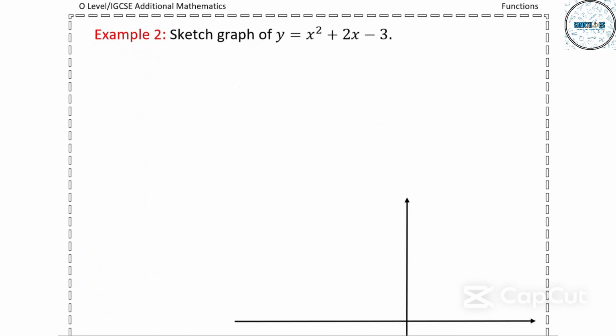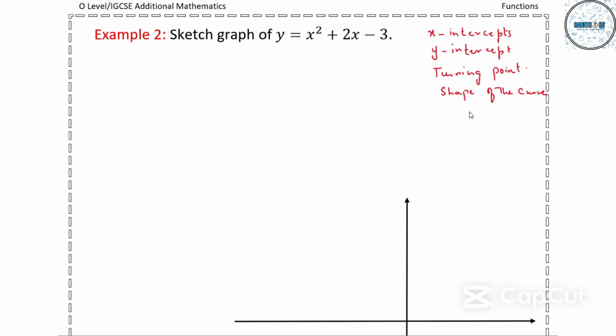To sketch the graph of quadratic function, we can take out x-intercepts, we can take out y-intercept, turning point, and we can find out shape of the curve by finding out the coefficient of x squared.